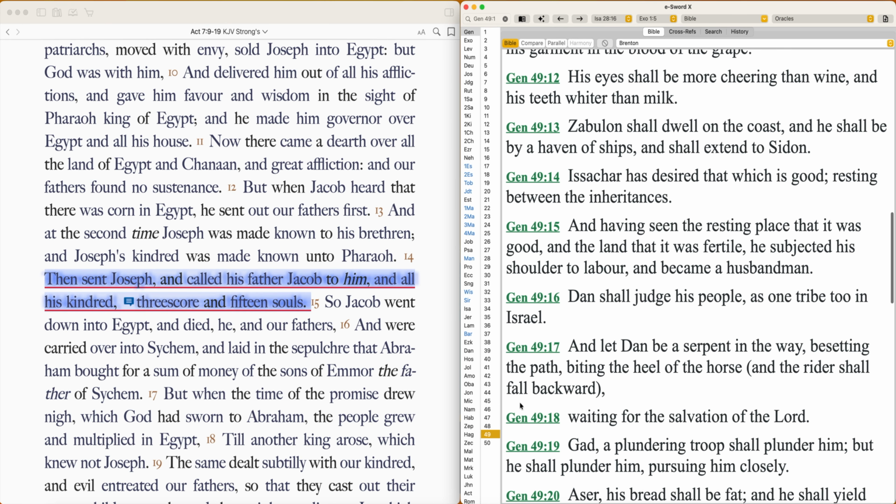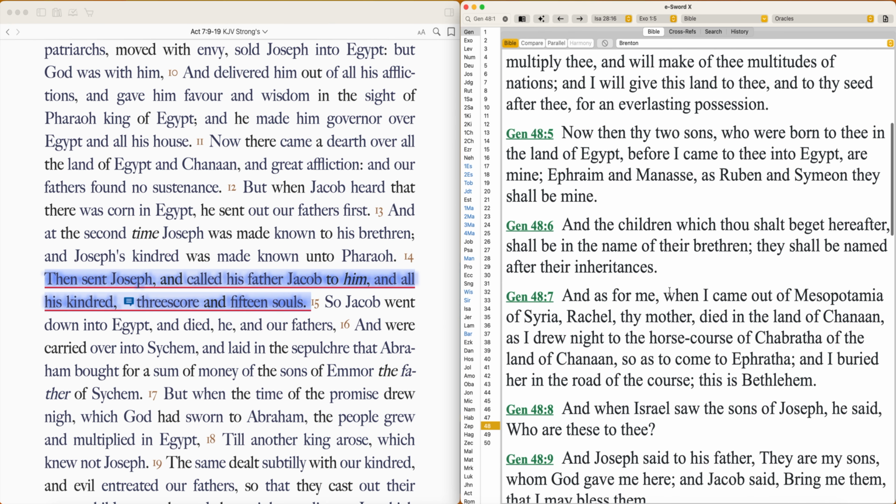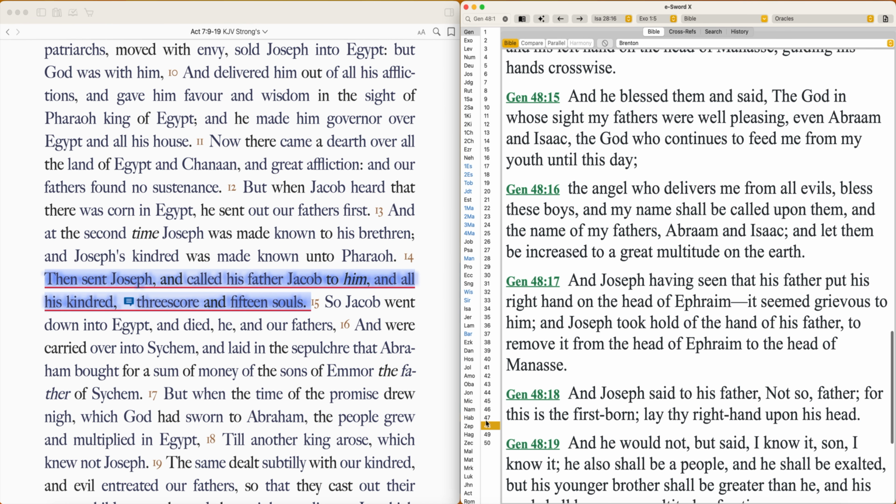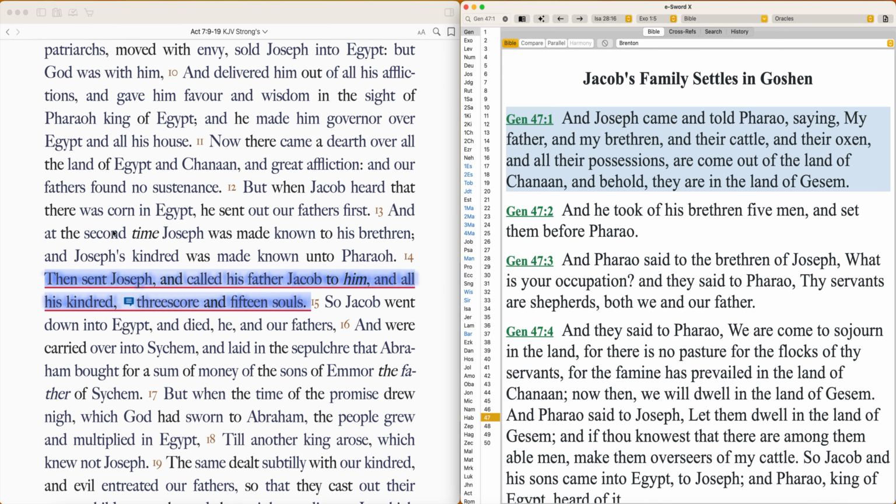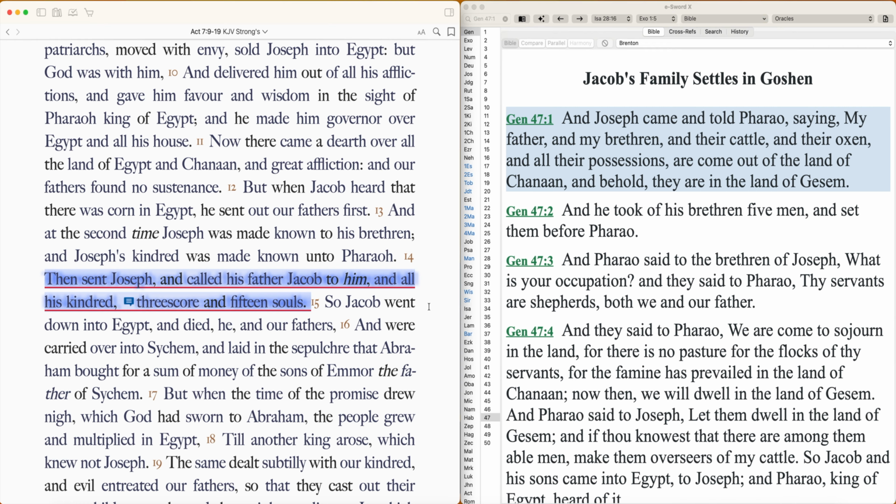I have it somewhere in another Bible of mine where you can actually look at the verses and reference that. Actually, I'm gonna grab it real quick. It's gonna bother me if I don't find it real quick.